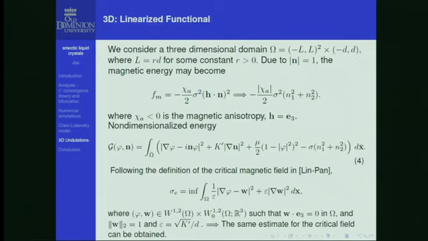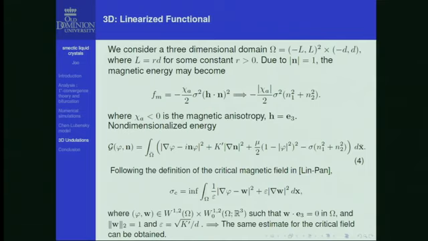So instead of directors parallel to the magnetic field, it wants to be perpendicular to the magnetic field direction. We do this because if you just apply the magnetic field in the x direction or the y direction, it's not that interesting. It is just the same as the two-dimensional case. So this is that vertically applied magnetic field.